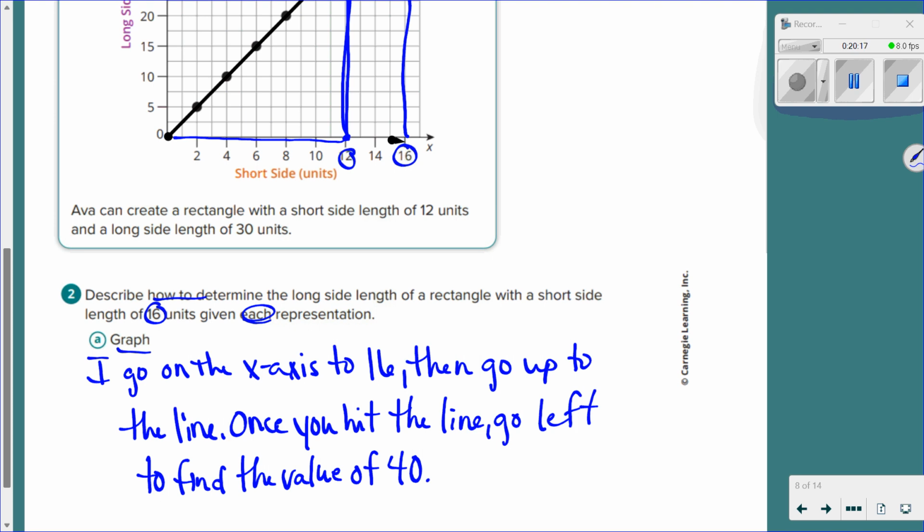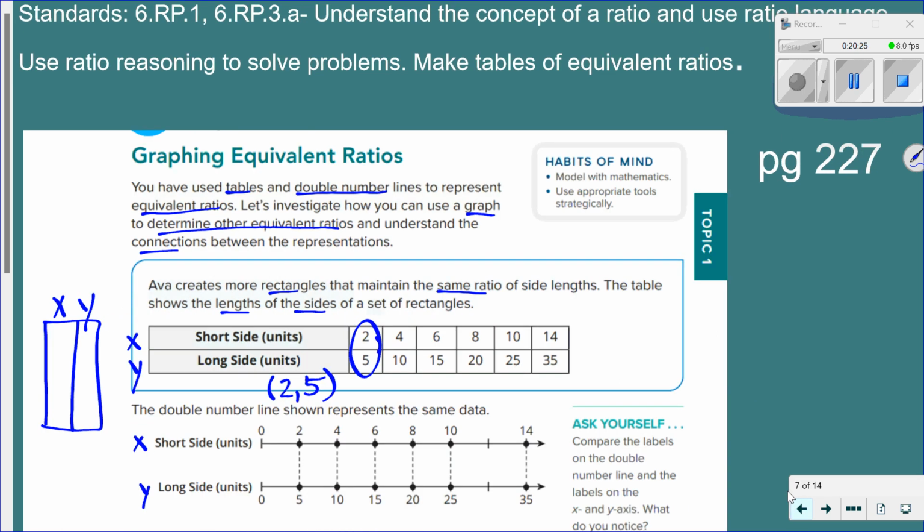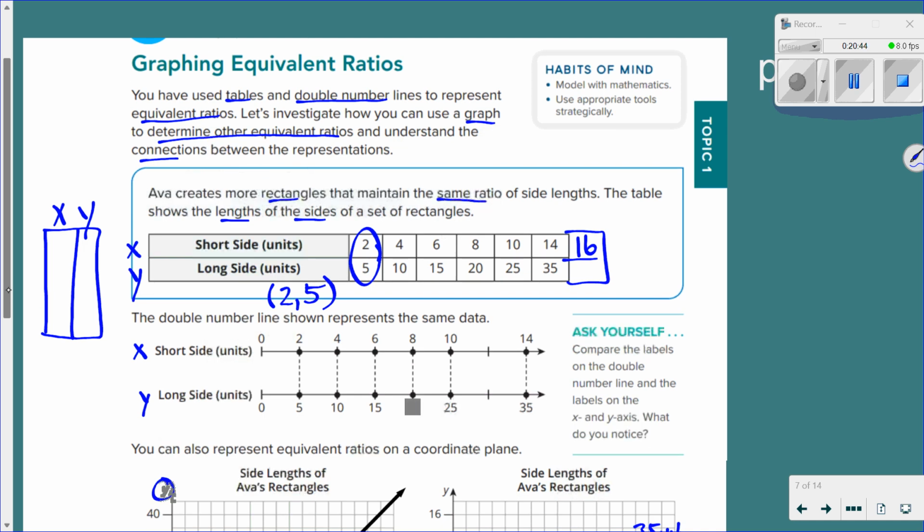Okay? So on our next page, now I have to use a table. So let's go back 2 pages where we had the table. So all they're saying is now I need to use my table, but I need an additional value of 16. So using my table values, how would I get to 16? Sawyer?